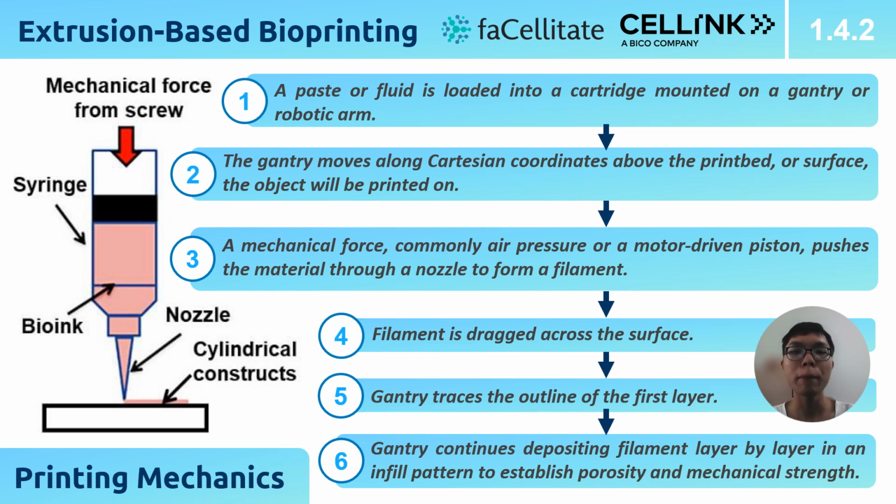Next, a mechanical force, commonly air pressure or a motor-driven piston, pushes the material through the nozzle to form a filament. This is followed by the filament being dragged across the surface, which triggers the gantry to trace the outline of the first layer. Finally, the gantry continues depositing the filament layer by layer in an infill pattern to establish porosity and mechanical strength.